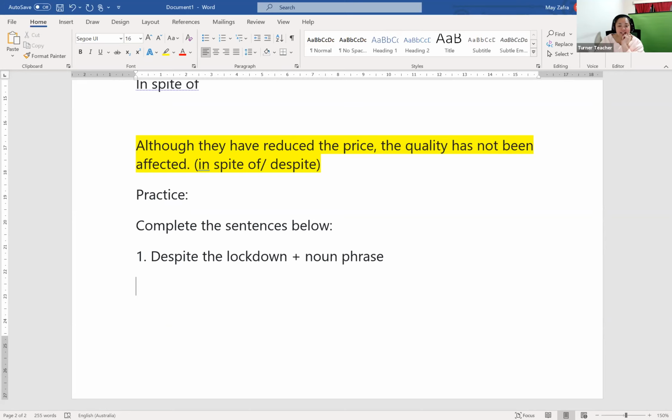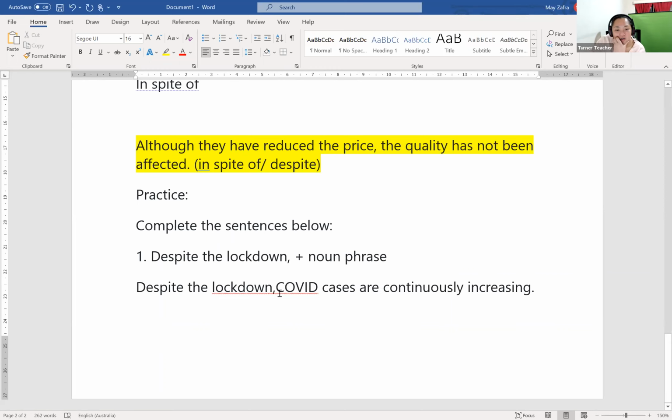COVID cases are continuously increasing. Good, because COVID cases are a noun phrase. Correct. Keep going. And just copy your sentences here. Despite the lockdown, there are protests.